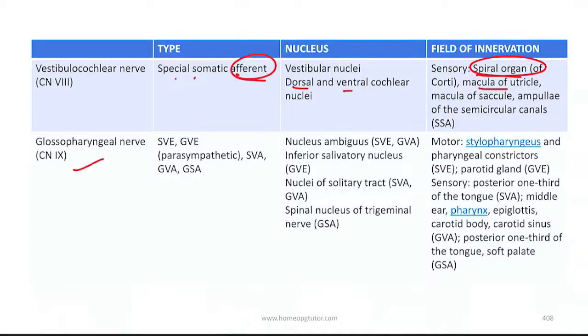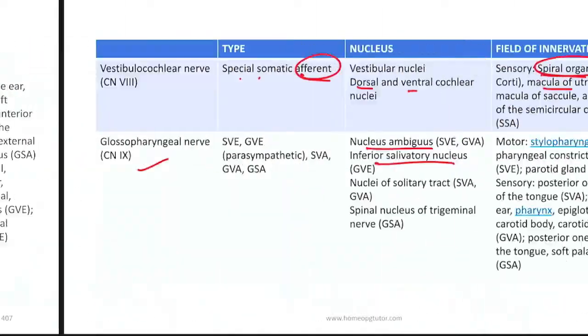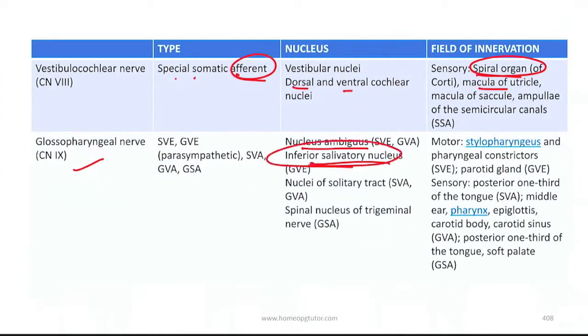Then finally glossopharyngeal, it is the ninth cranial nerve. It has motor supply and parasympathetic supply. It has major nuclei, that is nucleus ambiguus, inferior salivatory nucleus. Remember, superior salivatory nucleus was of facial nerve, inferior salivatory nucleus is of glossopharyngeal nerve.